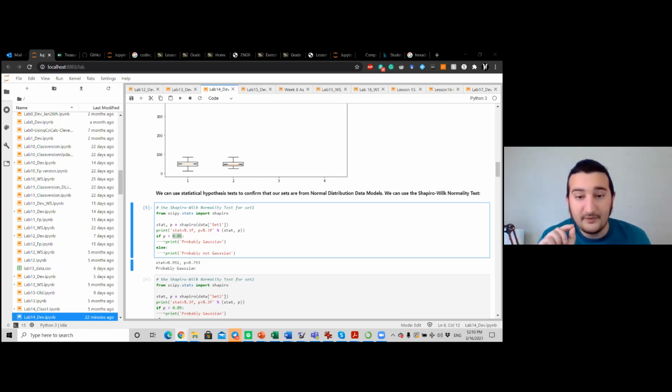But if my p-value is smaller than 0.05, I'm going to reject the null hypothesis and say that the set is not normally distributed. Are we clear on that?